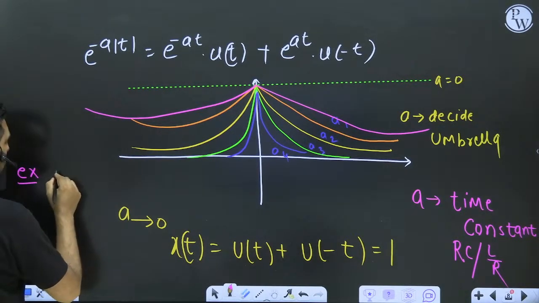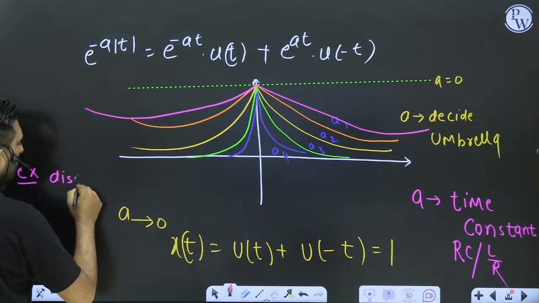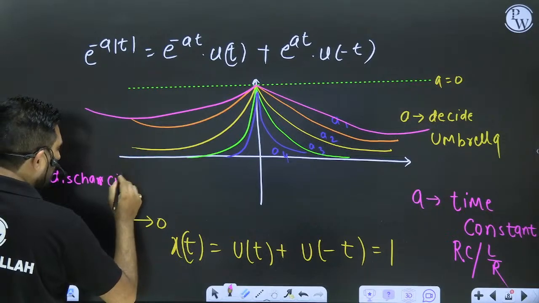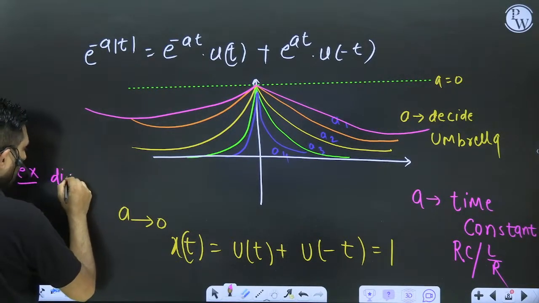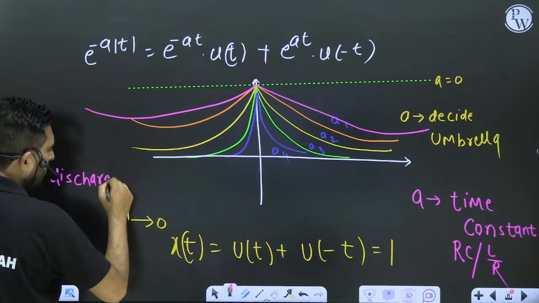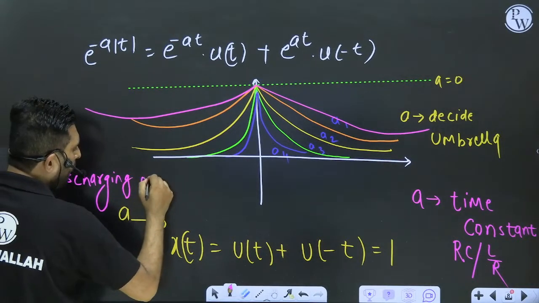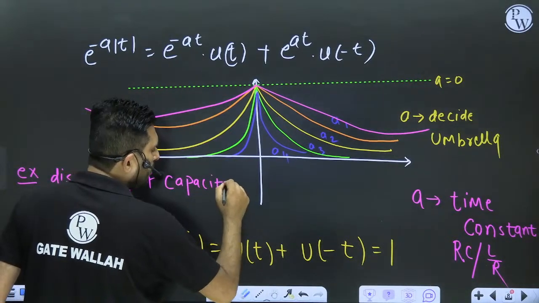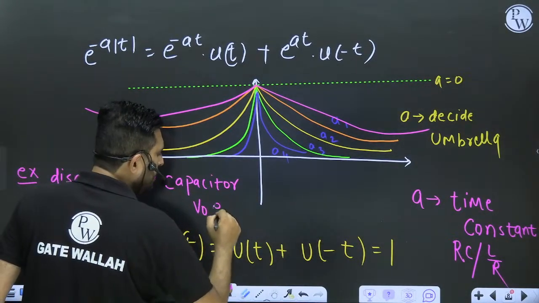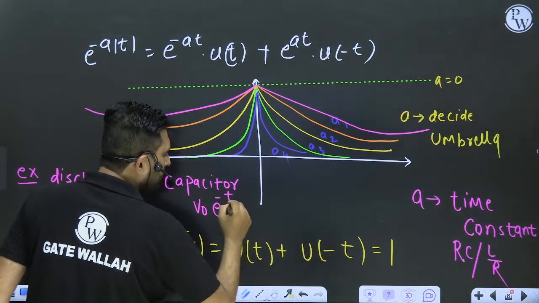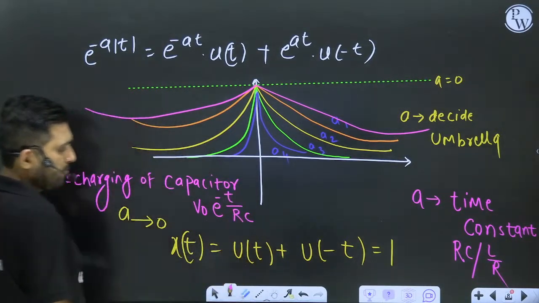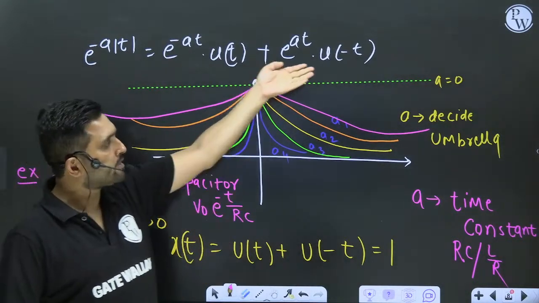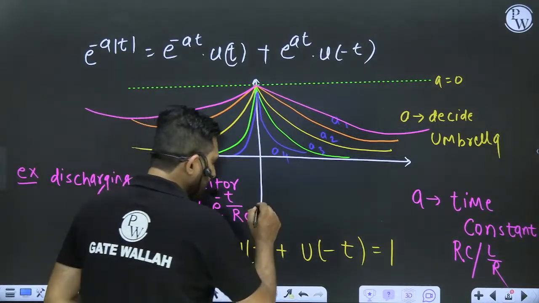The discharging of a capacitor is denoted by V naught e to the power minus T by RC, for t greater than 0.